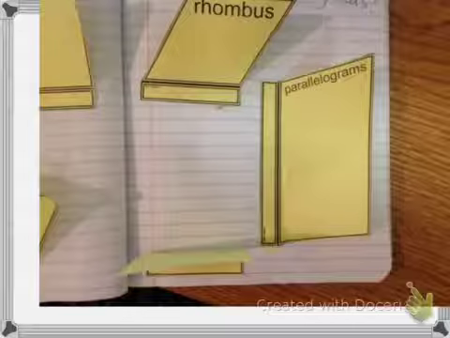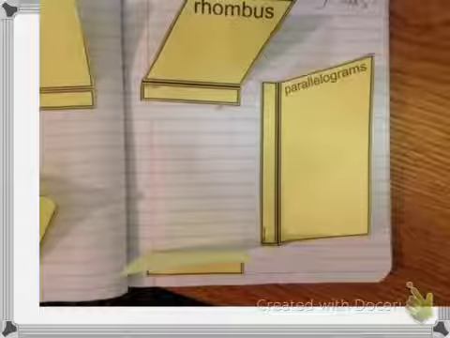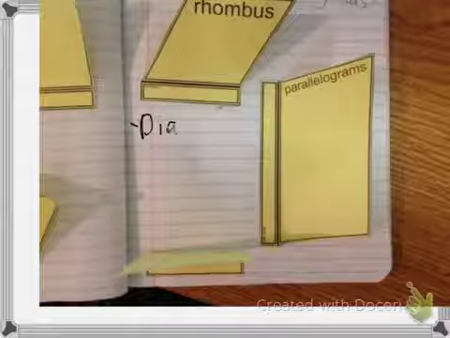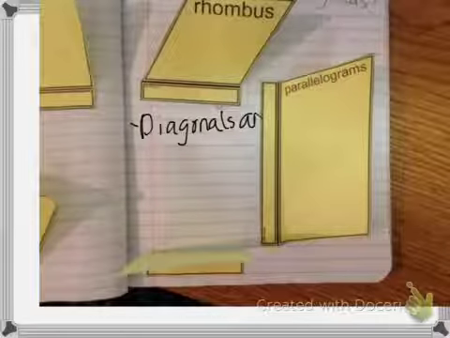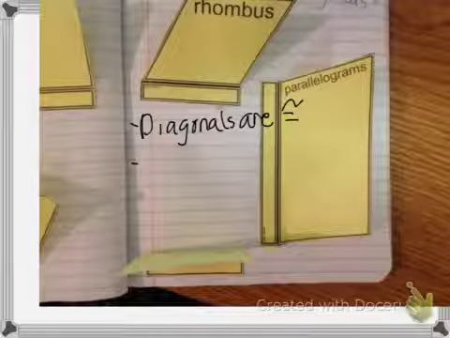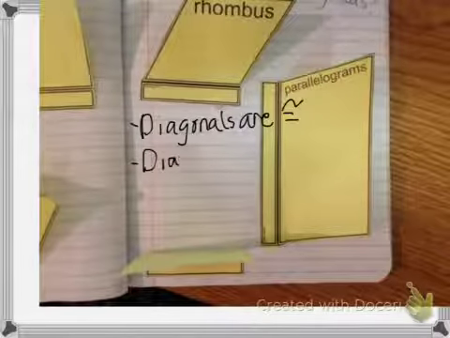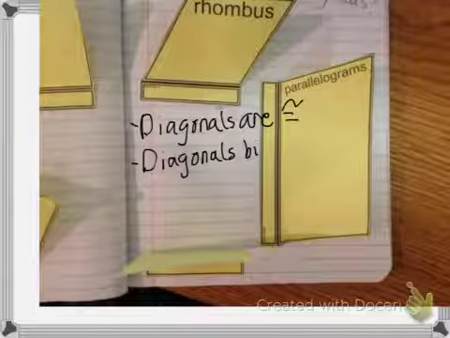So lift up your flap, and the diagonals in a rectangle are congruent. That's one. We also know that, just like a parallelogram, the diagonals bisect each other.